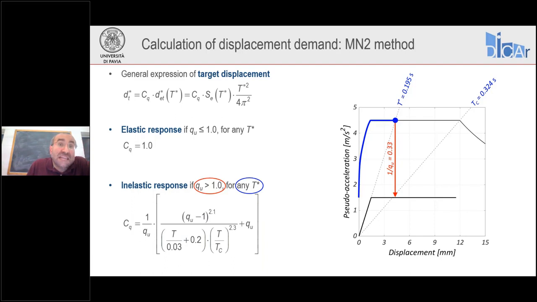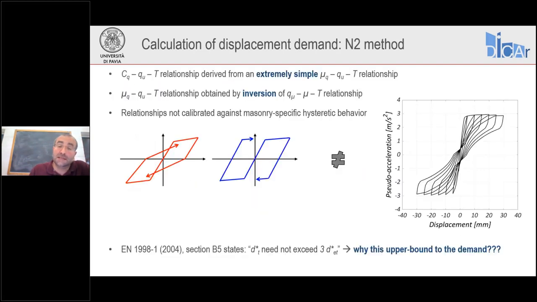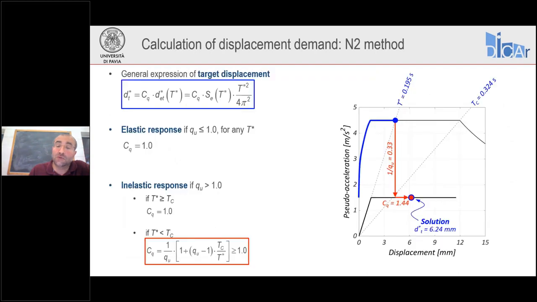Now there is not even need, as I said, to see if the period T star is greater or smaller than the corner period TC, because we just apply the C sub Q relationship, and in this case, it gives us 1.69. So we multiply this times the elastic displacement demand, and we find D star T equal to 7.3 millimeters. If you remember, before with the standard N2 method, C sub Q was 1.44.